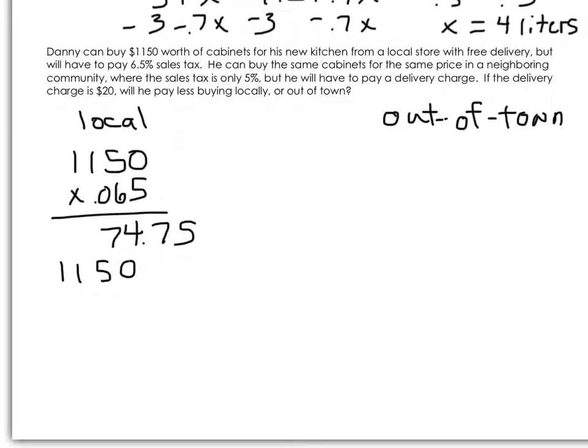So if we add that to the 1,150, we'll get $1,224.75. Some of you may know a trick about calculating sales tax such as this. What we did is we took 6.5% of 1,150, and then we added that to the original price.